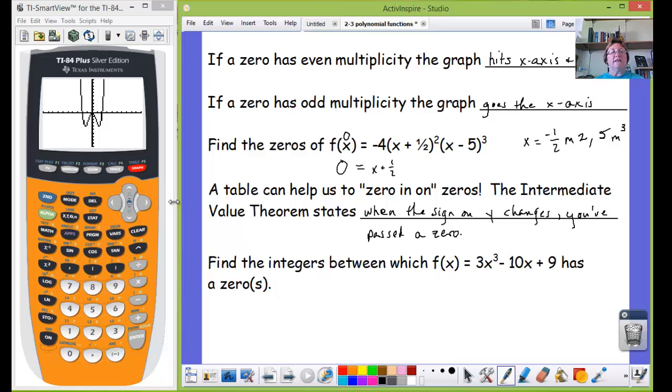The last activity is asking you to use a table to decide between which integers this function has zeros.